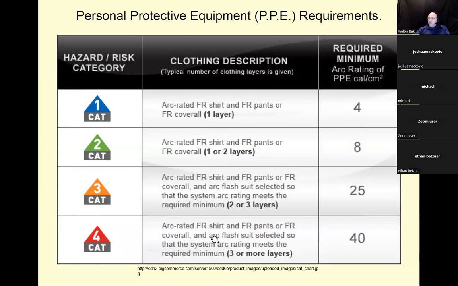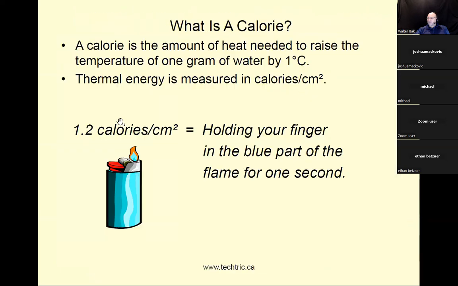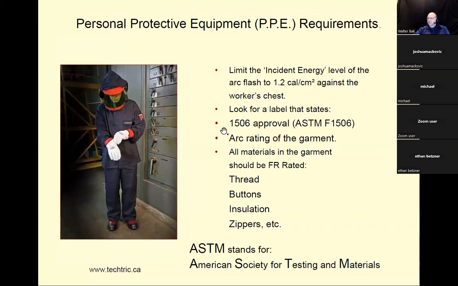And here are the requirements that you can actually read here. All right. Now let's look at this. Personal protective PPE requirements. The PPE should limit the incident energy level of the arc flash to 1.2 calories per centimeter squared. Remember the 1.2? Yeah. Against the worker's chest.